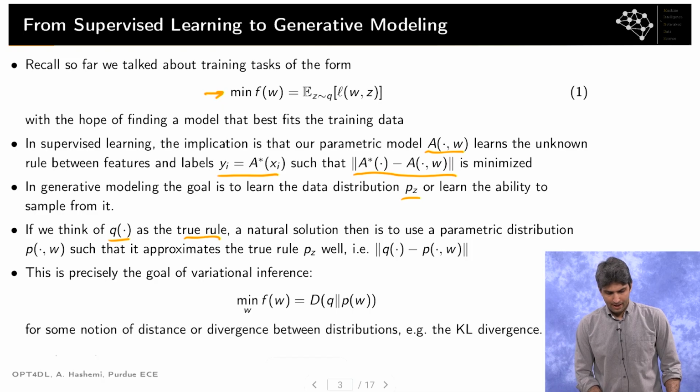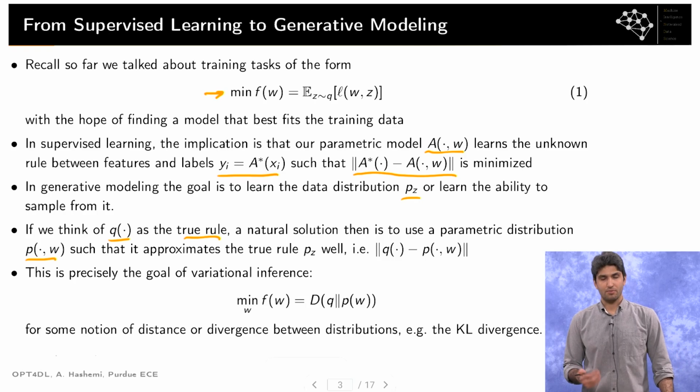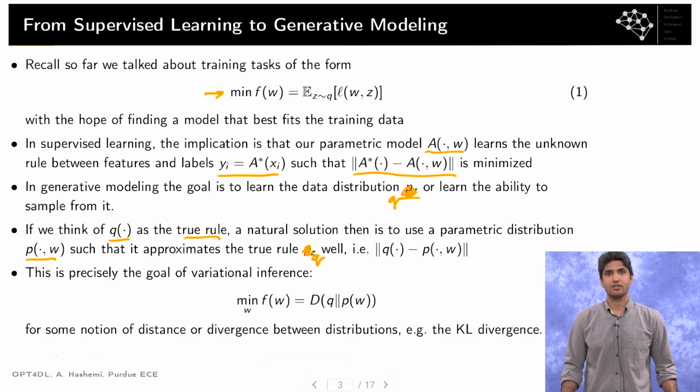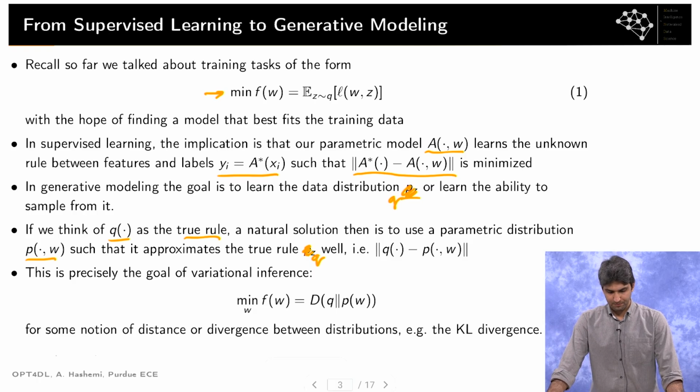Then a natural question, given an analogy with supervised learning, is to use a parametric distribution, let's call it P_W, that approximates Q well. Q is the underlying data distribution that we want to learn, the unknown rule, if you will, and P_W is our parametric distribution that we are using to approximate it.